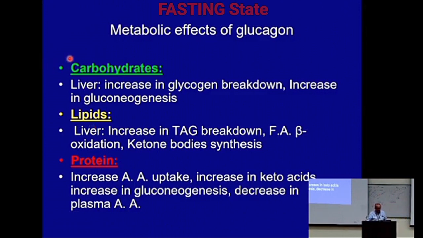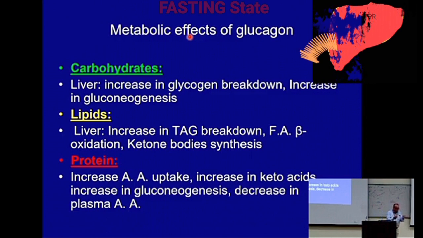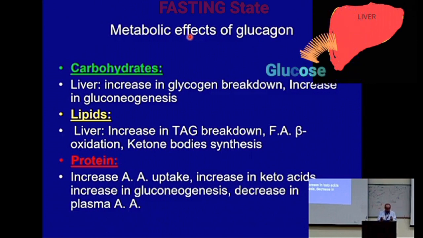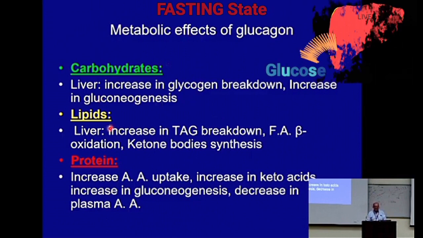So the liver's function is going to be completely changed, meaning it has a new function. Its new function is going to be producing glucose. Okay? How do you produce glucose? Through either glycogenolysis or gluconeogenesis.